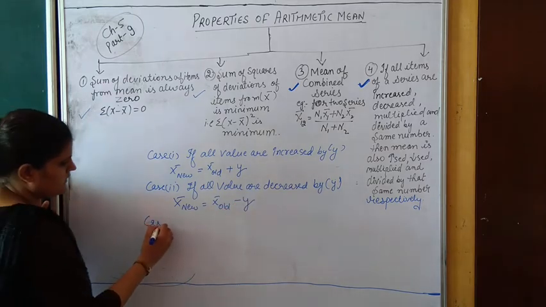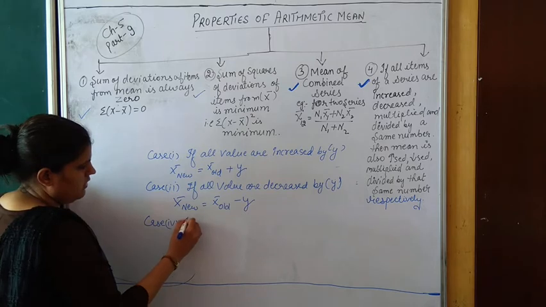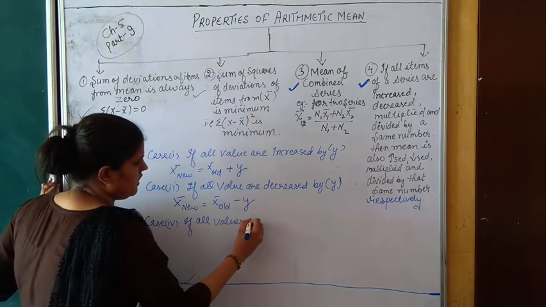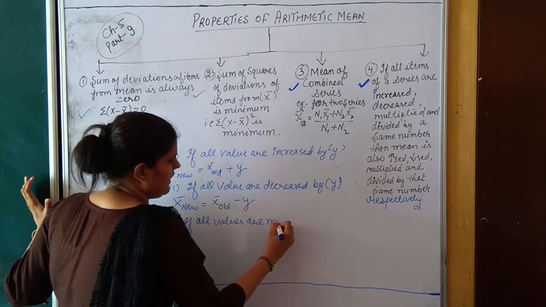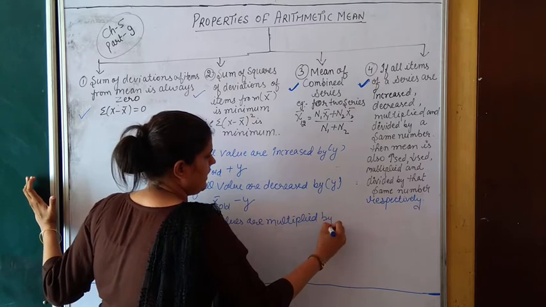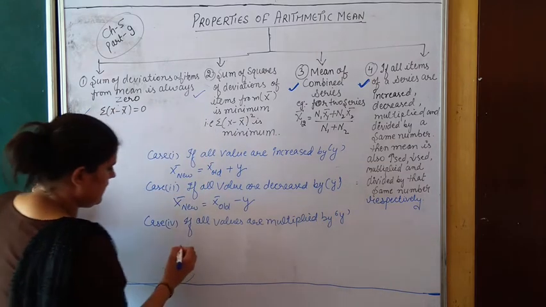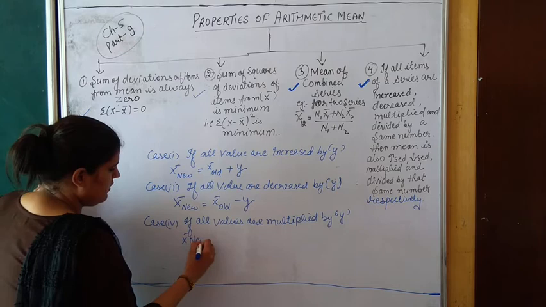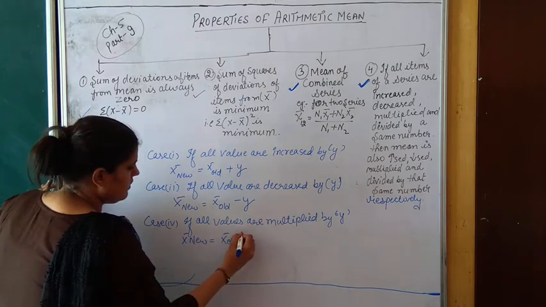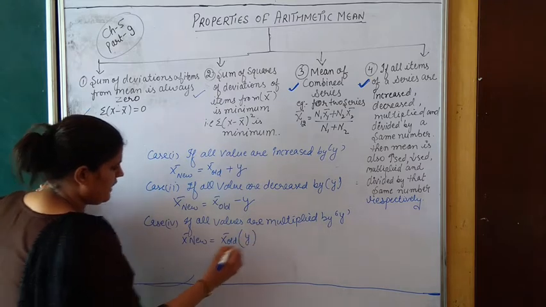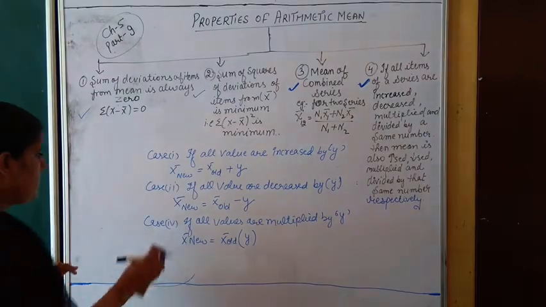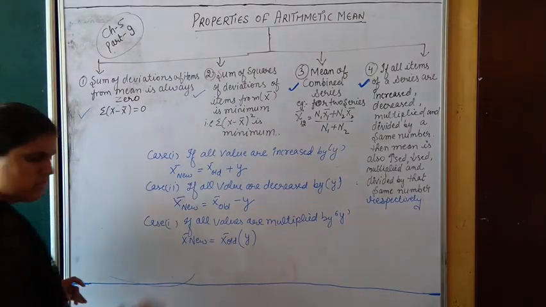And children, case 3: if all values are multiplied by y, then our new mean will be old mean multiplied by y.